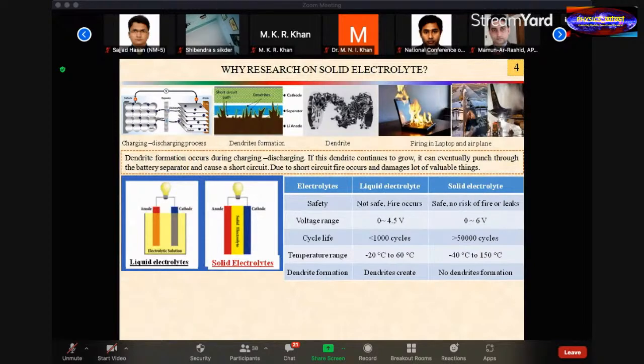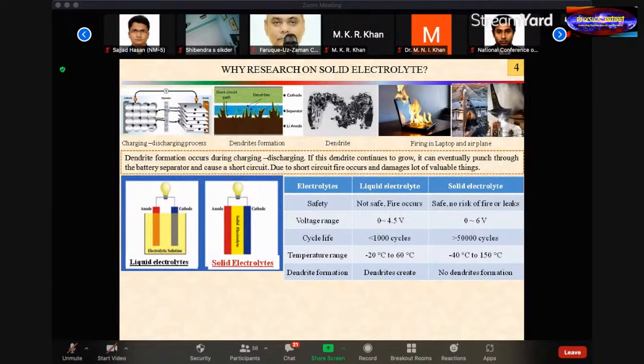In the case of liquid electrolyte materials used in batteries, the cycle life is below 1,000 cycles. But in the case of solid electrolyte, it is expected that the cycle life will be more than 50,000 cycles. And the working temperature range is also different. It is also advantageous for solid electrolyte materials. And in the case of dendrite formation issues, the probability is very low.